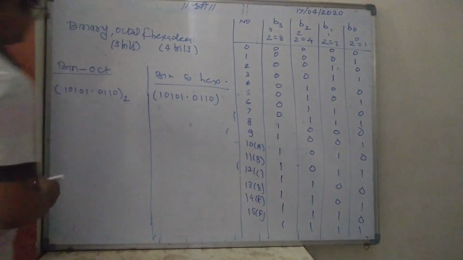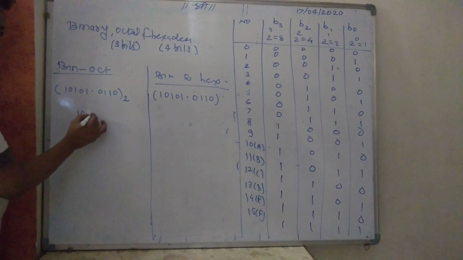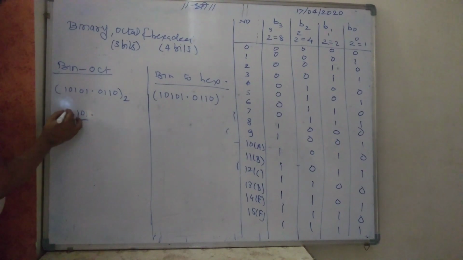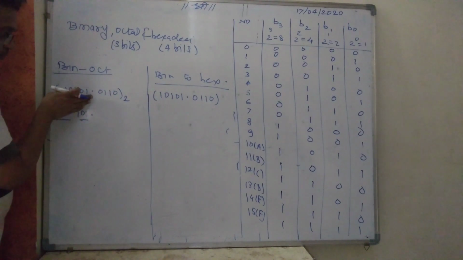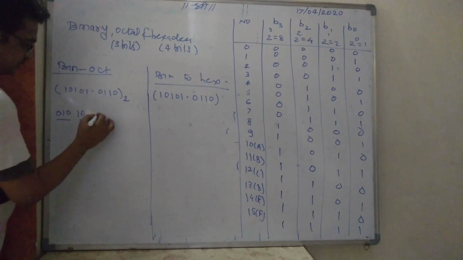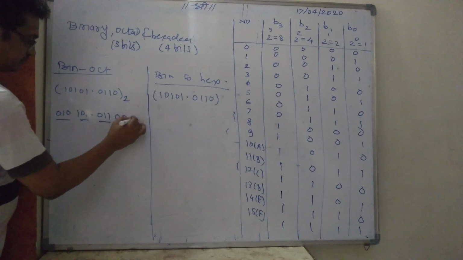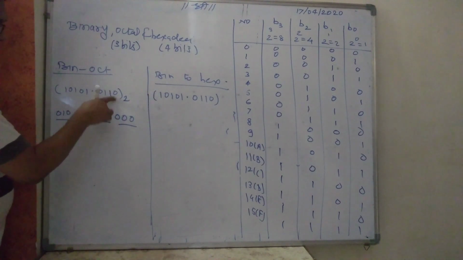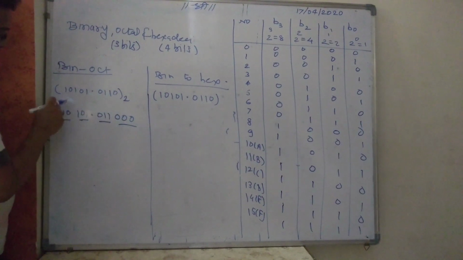So here form group of 3, 101, 0 1, add 0 to this side. Fractional part, form group of 3 from this side, 0 1 1, add 0 to this side. This is single 0. We have to form group of 3 bits, so add 2 zeros.